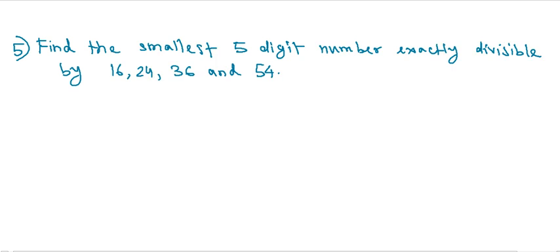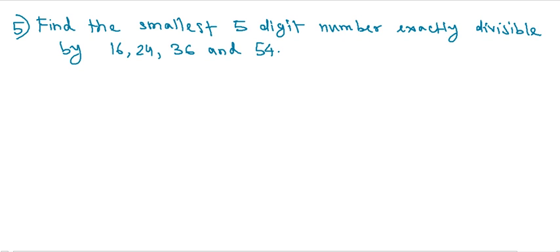We have to find out the smallest 5-digit number that is exactly divisible by 16, 24, 36 and 54. Again we can see that we have to find out the LCM of these numbers, and LCM of these numbers have to divide the smallest 5-digit number, and that remainder we get, we have to adjust with this smallest 5-digit number.